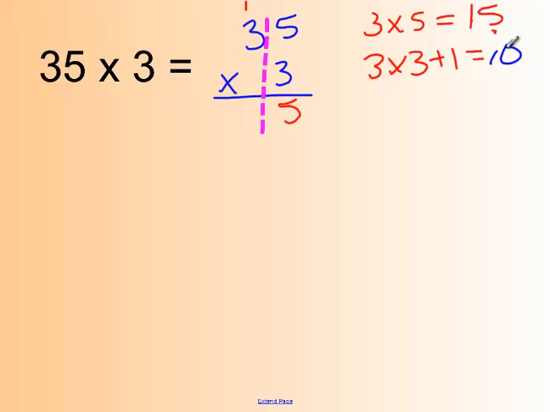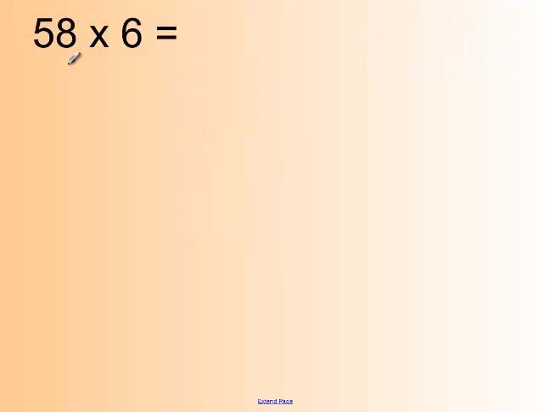So we're going to write 10. We put the 0 here. There is nothing in the hundreds place, so we can go ahead and put that 1 right there in the hundreds place. So 35 times 3 is equal to 105.